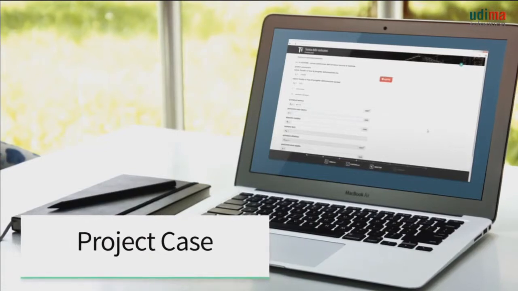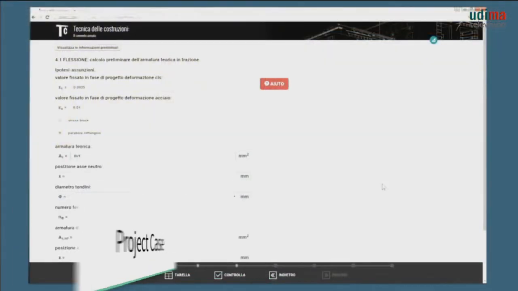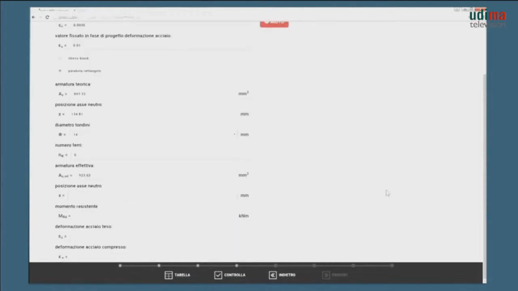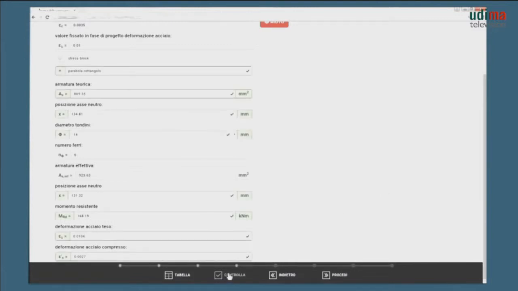In the case of project, in order to evaluate the flexural effects, the preliminary calculation is done on the theoretical reinforcement intention. The preliminary solution, deduced on the basis of theory concepts, is therefore adapted by introducing commercial reinforcement diameters.